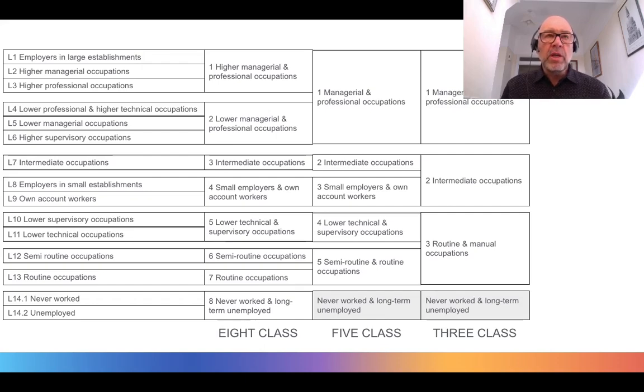They were originally put in 2000 to help link back to the former social classifications, but in rebasing for 2020 we decided that it was no longer feasible to maintain these, and so now we just have L1 through 13 for the employment ones within the NSSEC.